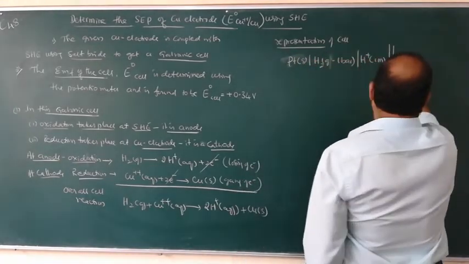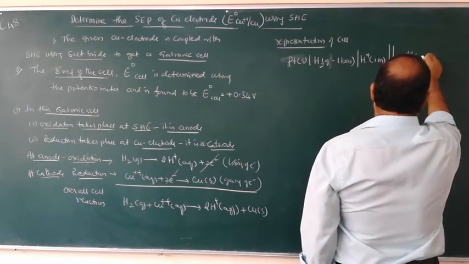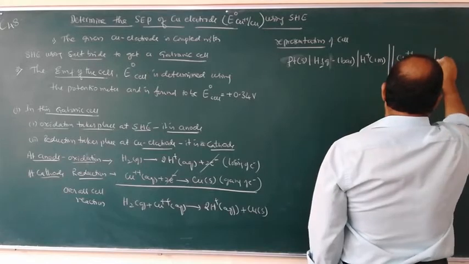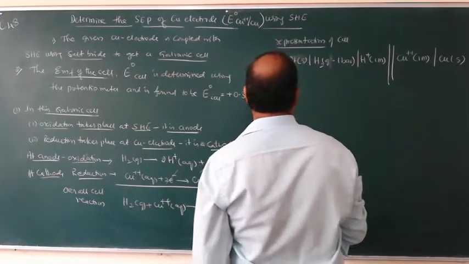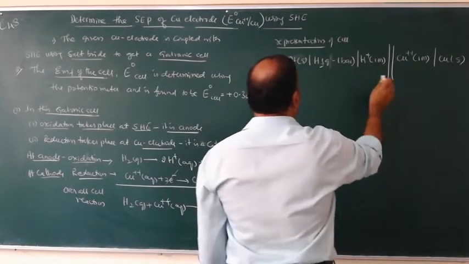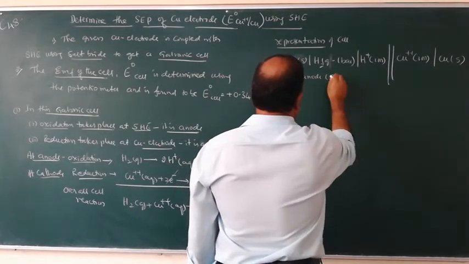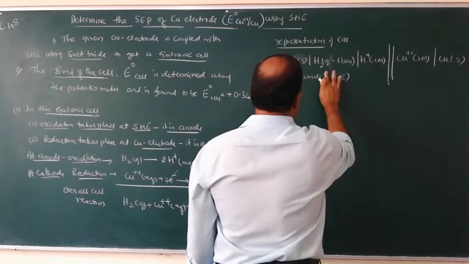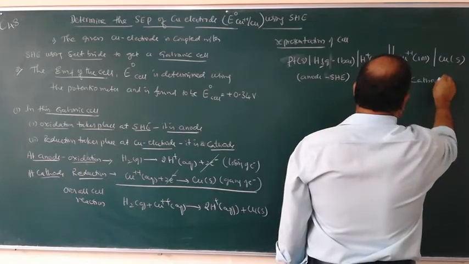So how is copper electrode represented? Cu2+, 1 molar concentration | Cu(s). So this one is anode, SHE, and this one is cathode.